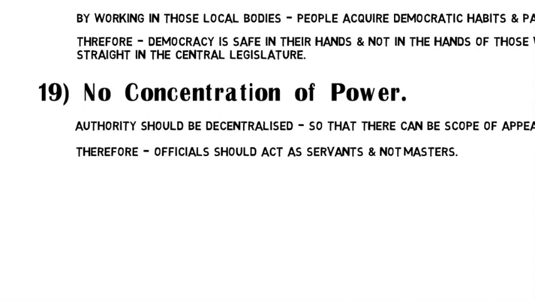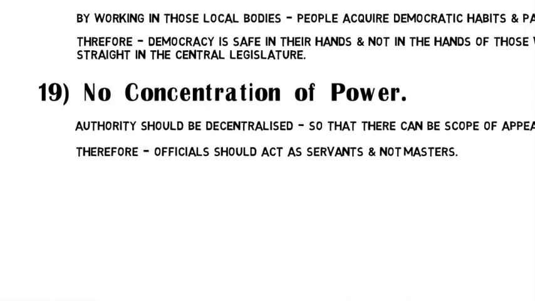And therefore concentration of power is a very very bad idea. And lastly, we also have to remember that officials should always act as servants and not masters. We need to understand in democracy that all these people whom we have elected, either they are MLAs or MPs, they are not kings, they are servants. But in reality, we have just the opposite.